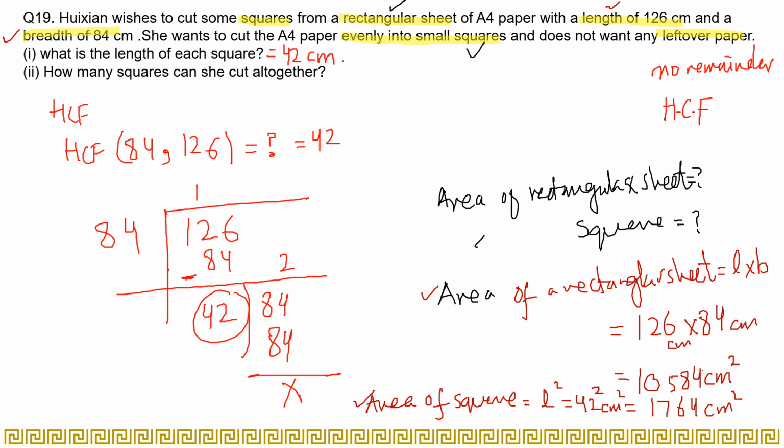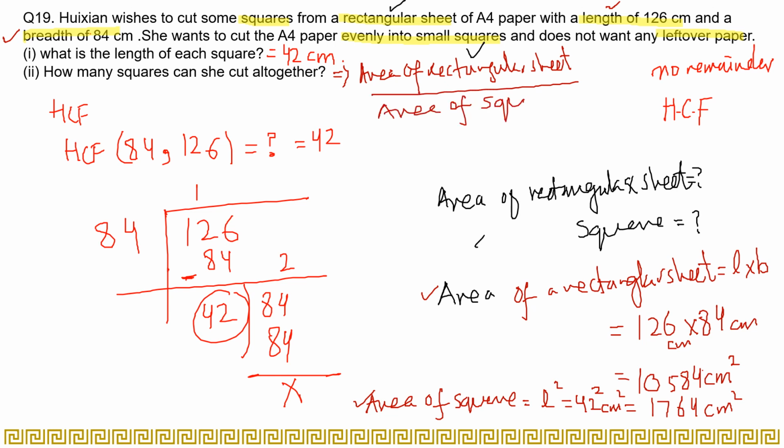And the area of rectangle is 10584 centimeter square. What are you asked to find? How many squares can she cut altogether? So how will you find it? You will divide the area of rectangle, because that is what we are cutting the squares from, the area of the rectangular sheet, right? You will divide this by area of square, right?